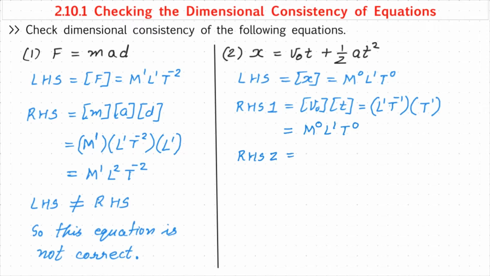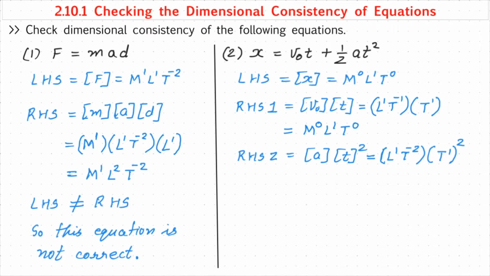Here there is 1 half at square. We know that 1 half is a number and that is not included in dimensional analysis, so we have to just take the dimension formula of acceleration and t square. For acceleration, we know the dimensional formula will be L1 t minus 2, and for time it is t1, but don't forget the power 2 here.